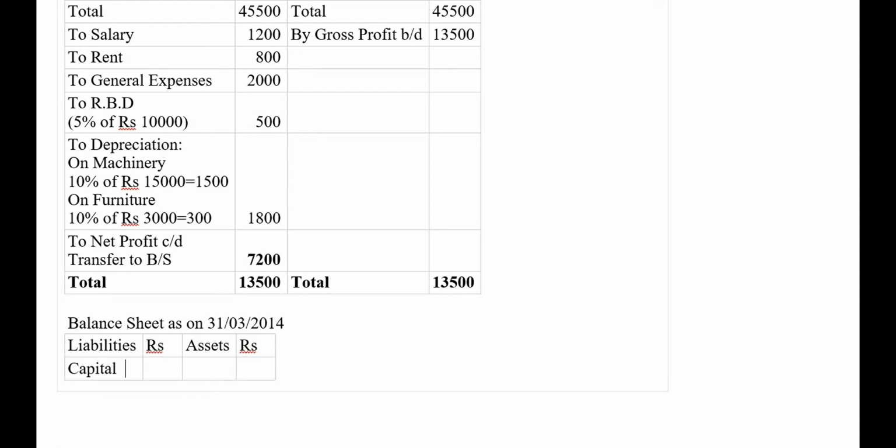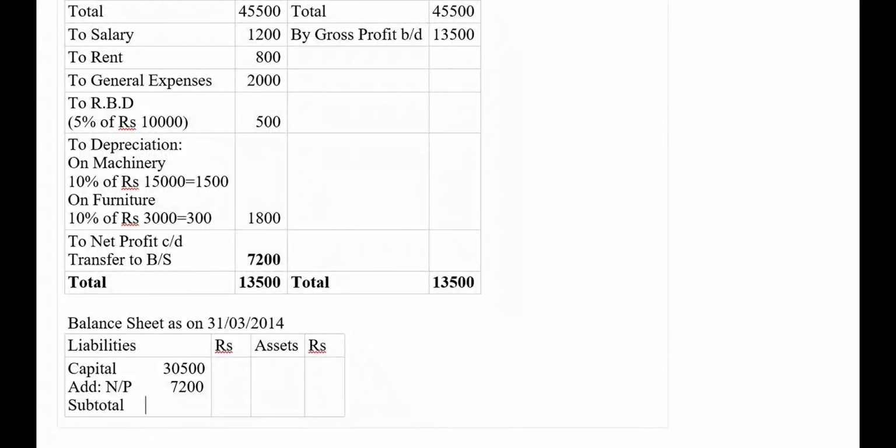So the capital which we have found here is 30,500. To this we should add net profit. So net profit we have arrived at to be 7,200. So the subtotal will be 37,700.